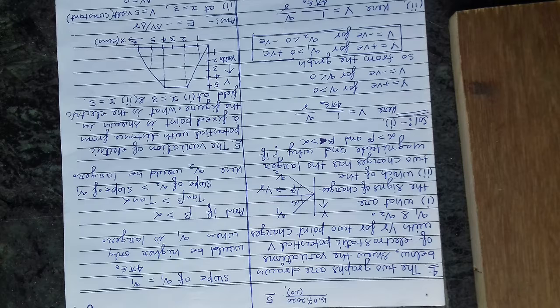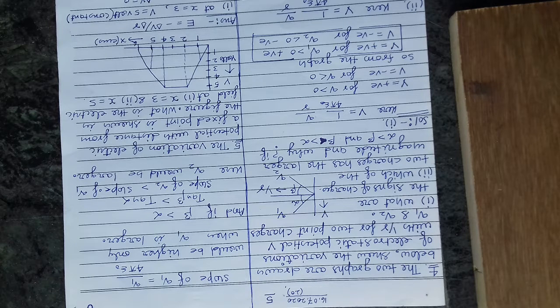Okay, so first of all we will go once again into the problem. In the problem, a graph between V and 1/r is plotted for Q1 and Q2 charges. You can see from the graph that for Q1 charge the potential is positive, because for Q1, 1/r and V are in the first quadrant: 1/r is along the positive x-axis and V along the positive y-axis.